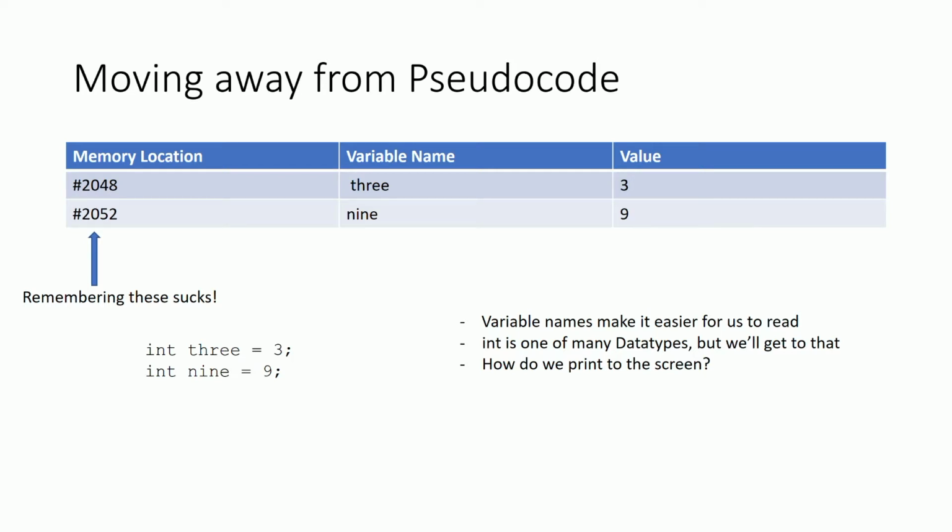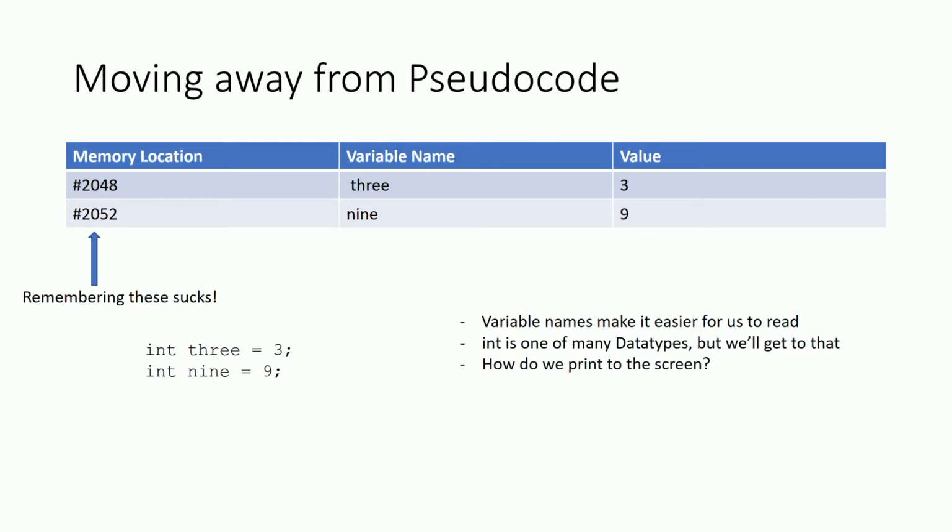And you'll see at the bottom left here, we have a specific way of laying these out. So the first thing on the left is the data type of the variable. And don't worry too much about what those are, or how many of them there are. We'll get to those later. But just remember, for 3 and 9, they're integers, so we use the data type int. Next up after that, we have the variable name, and we've used 3 and 9 respectively for them.